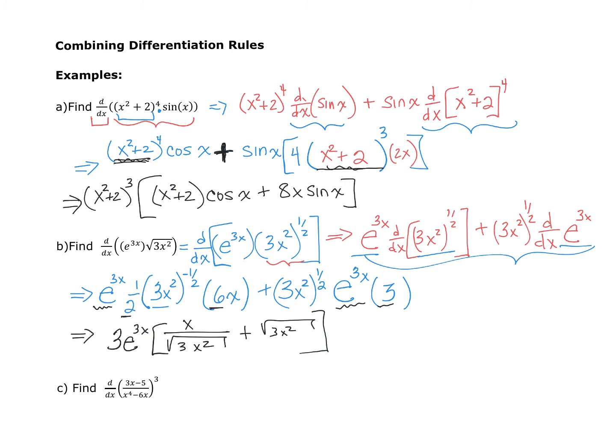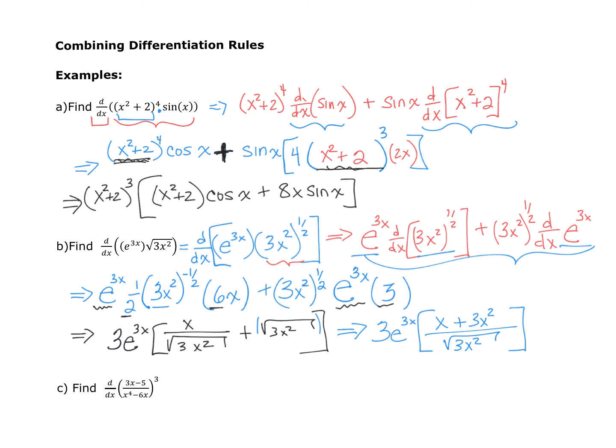If I wanted to get a common denominator here and multiply this expression here by root 3x squared over root 3x squared, I would get 3e to the 3x times x plus 3x squared over the square root of 3x squared. Again, the context of the problem will let you know if you should do that.